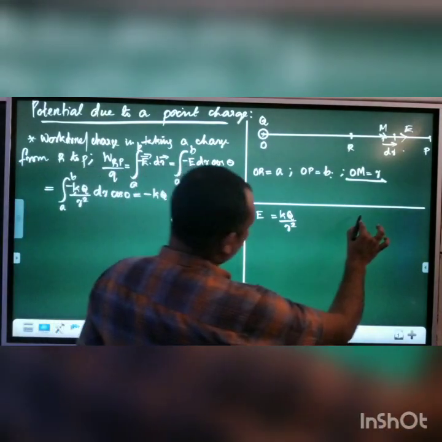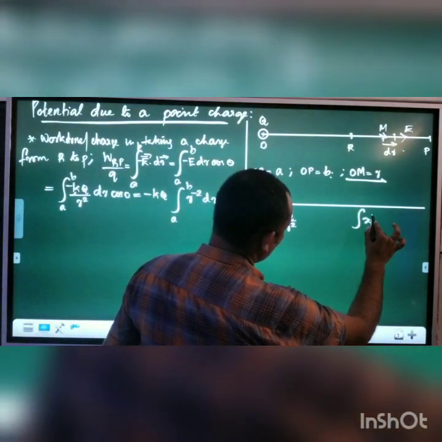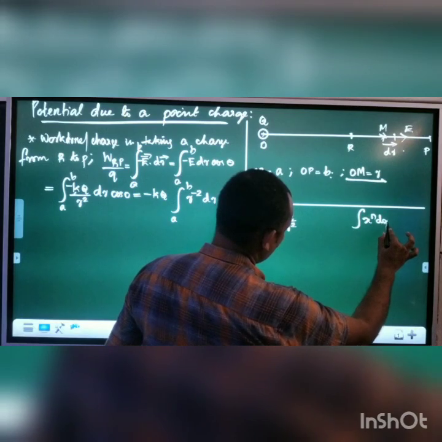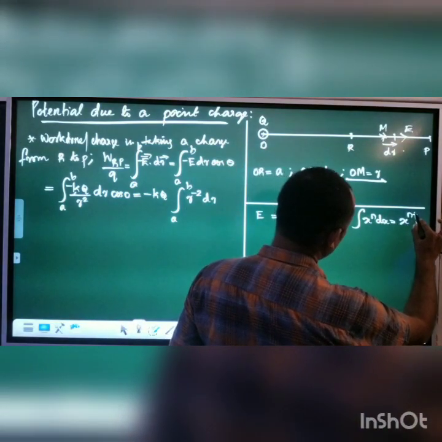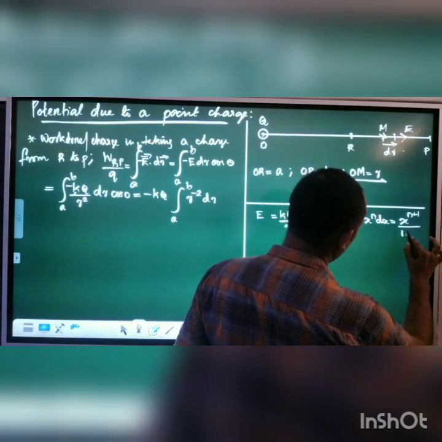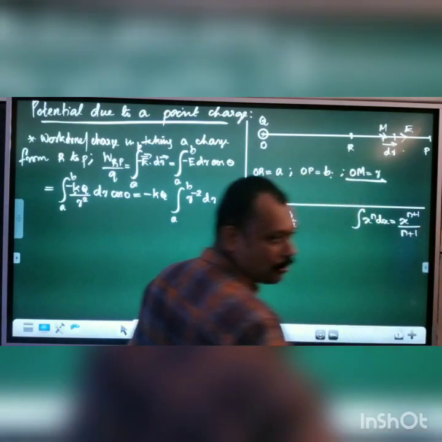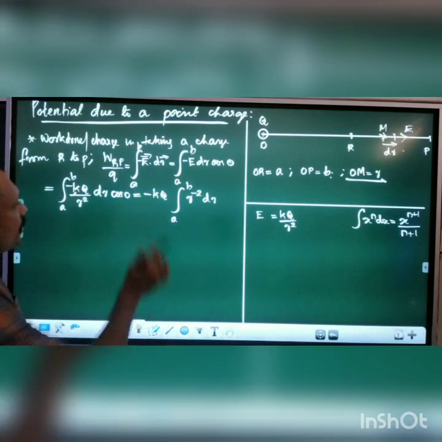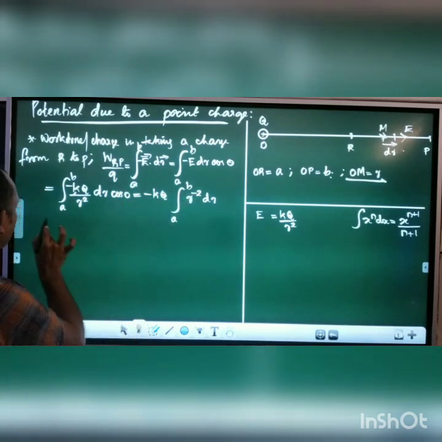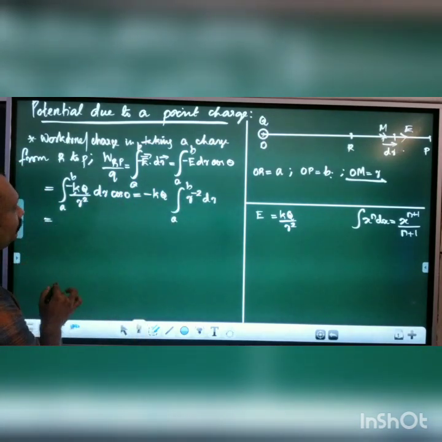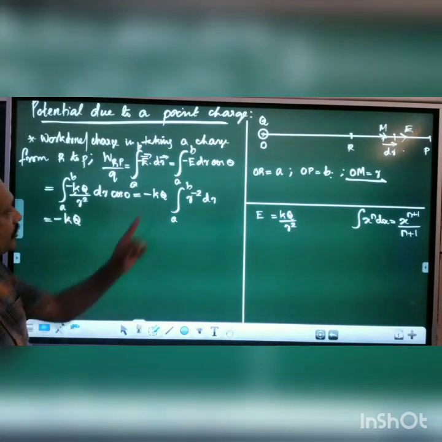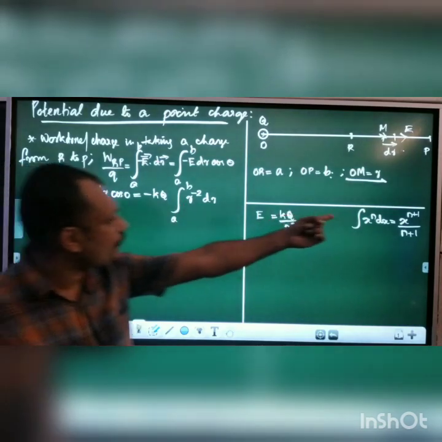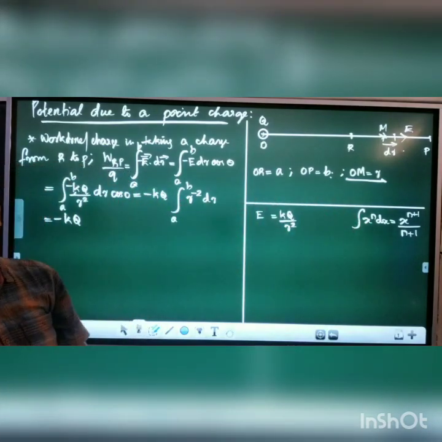We know an identity: integral x raised to n dx is equal to x raised to n plus 1 divided by n plus 1. Using that identity, minus KQ is here. Let us integrate this function. What is in place of x here? It is r.